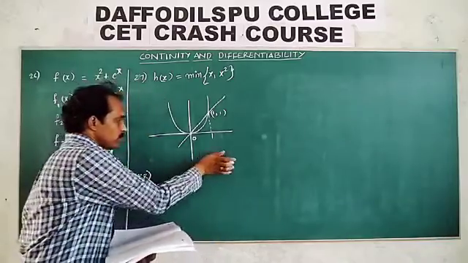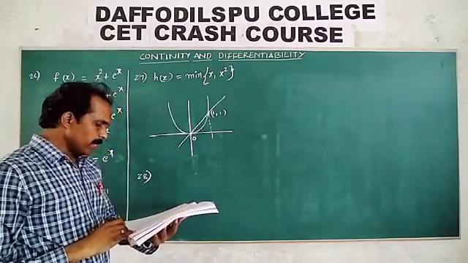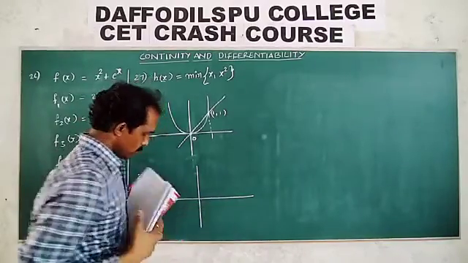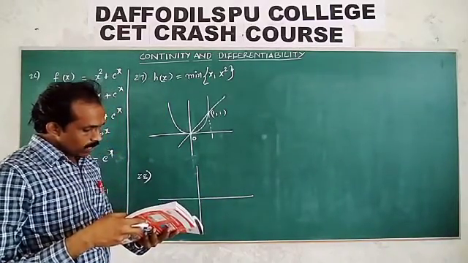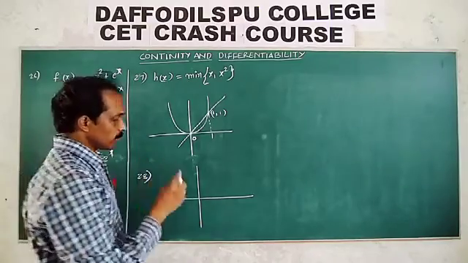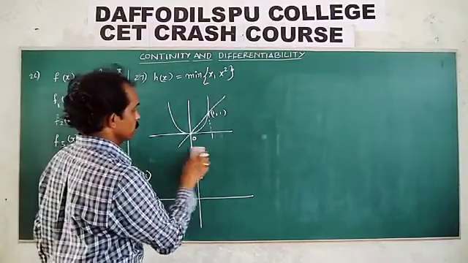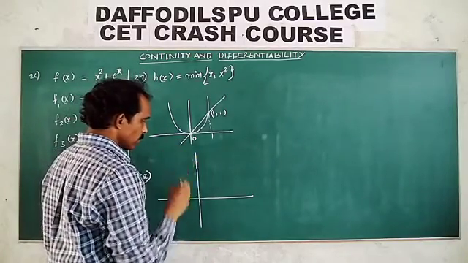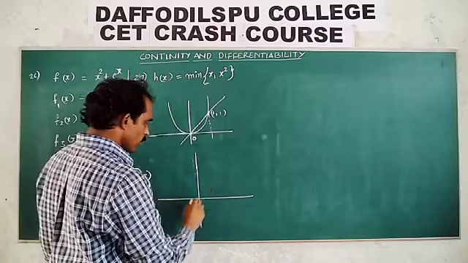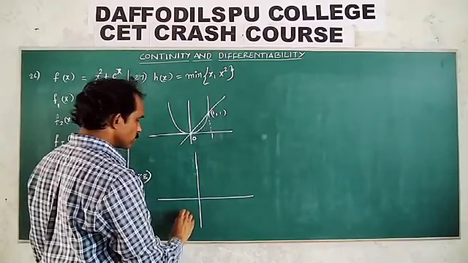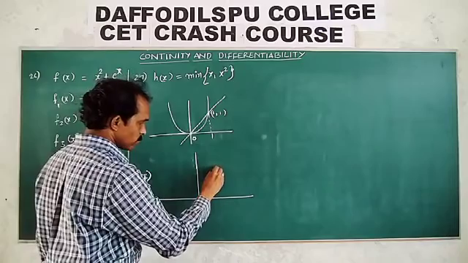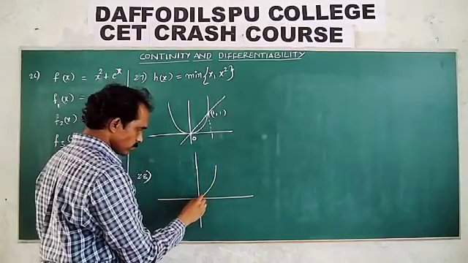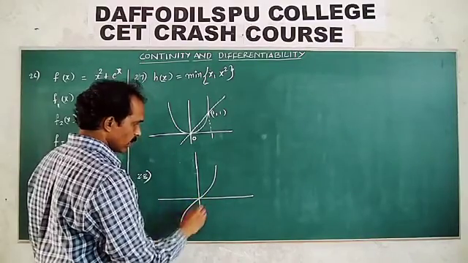Okay, 28 also, we draw a graph. Minimum of f of x, that is 1, x square, x cube. The x cube graph is like this, and x square like this.